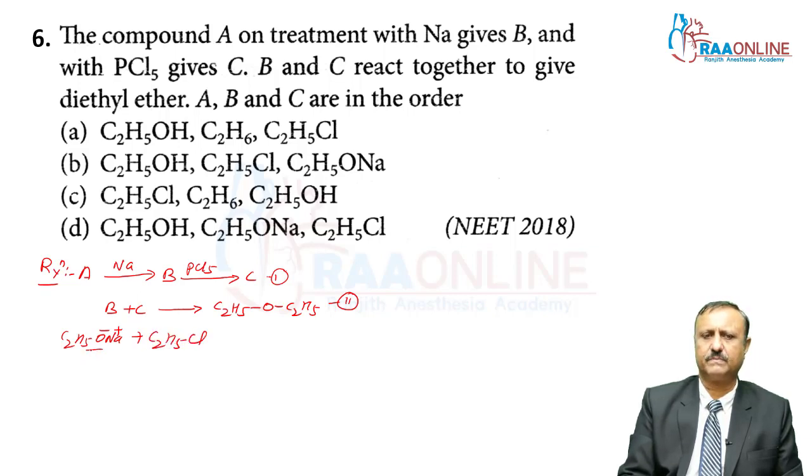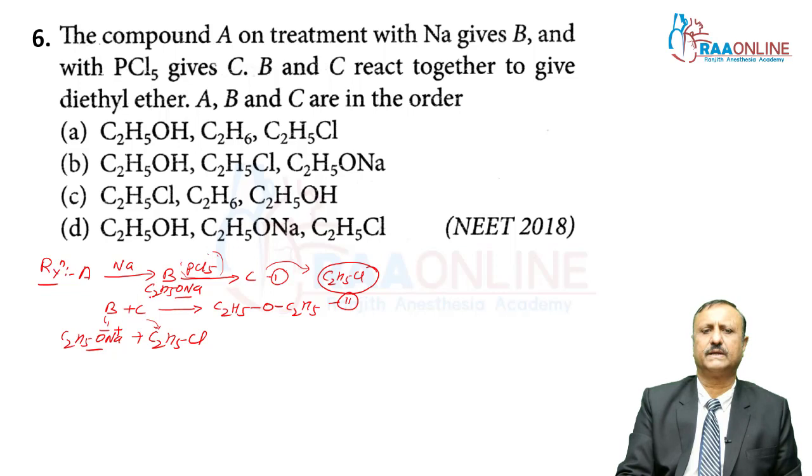So, B must be sodium ethoxide and C is ethyl chloride or vice versa. My dear students, here B reacts with PCl5, means C must be C2H5Cl, because when PCl5 reacts with B to form C2H5Cl and this C2H5Cl reacts with B, it means B must be sodium ethoxide.